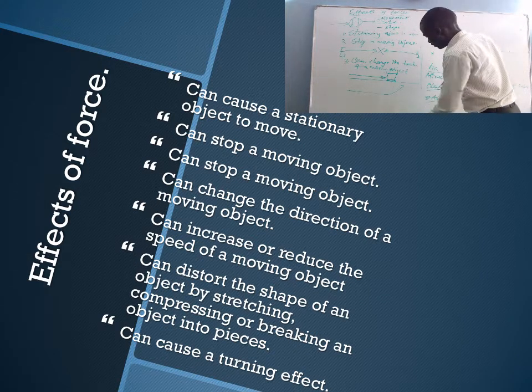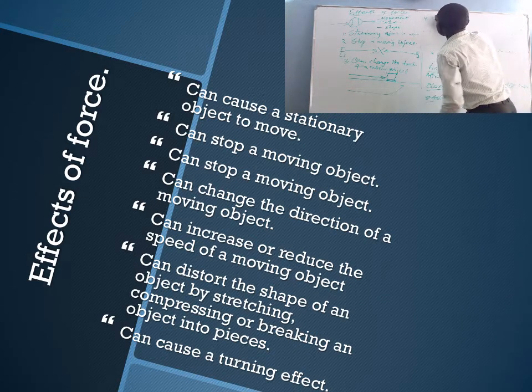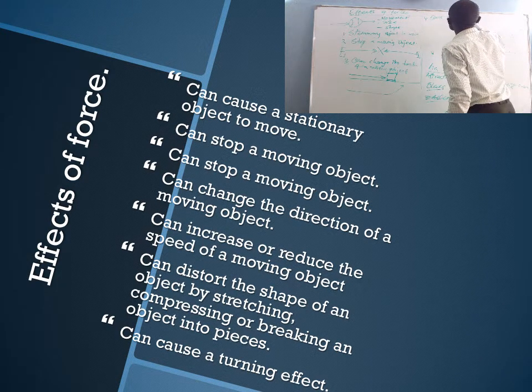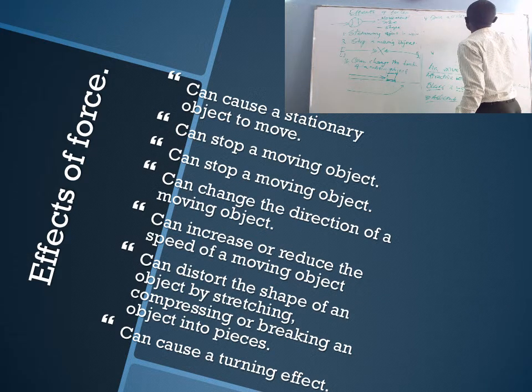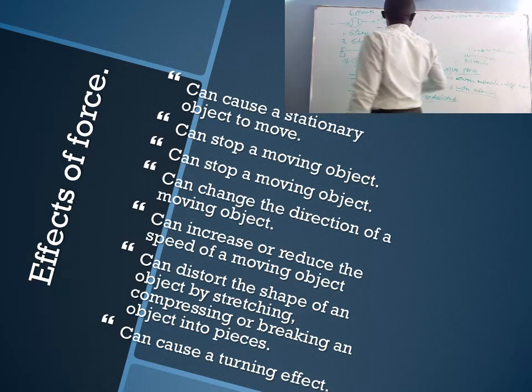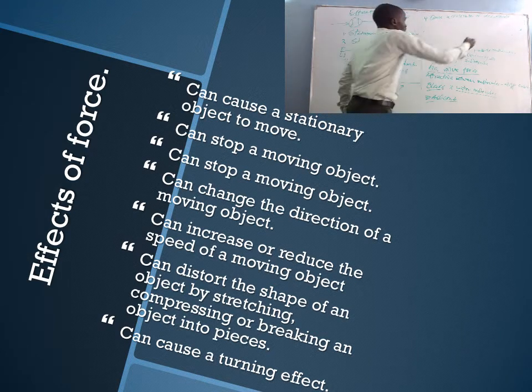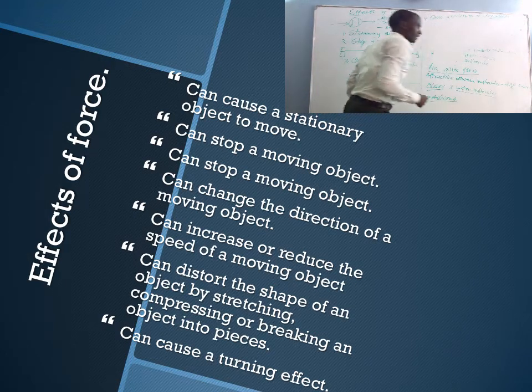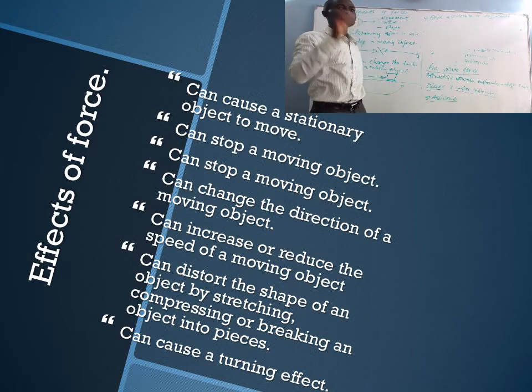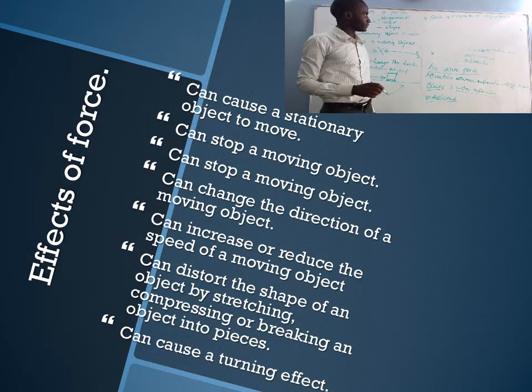So, the fourth effect is that it can cause acceleration or deceleration of a moving object. In this case, an object is already in motion. When an opposing force is applied, then it will cause a deceleration. In other words, it will reduce the speed at which that object was moving.